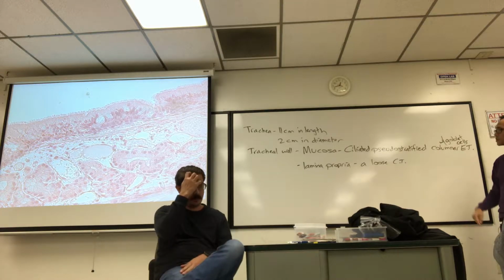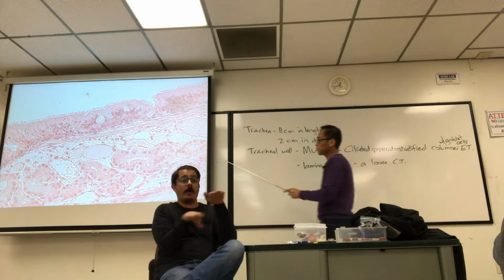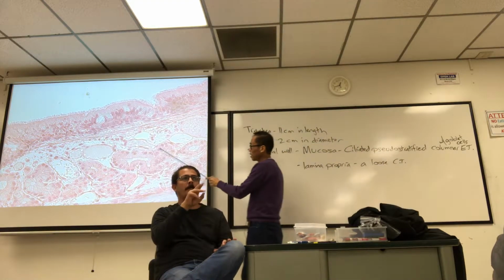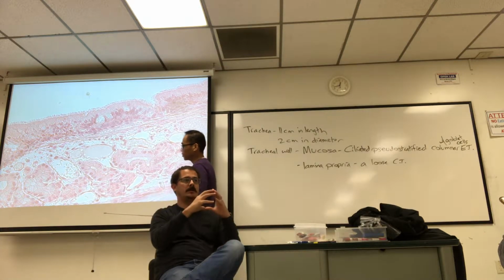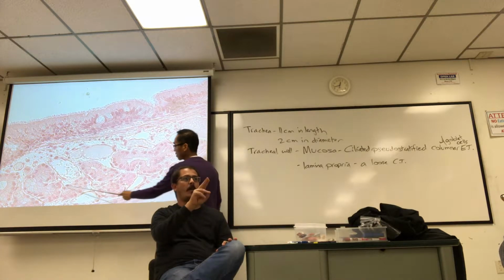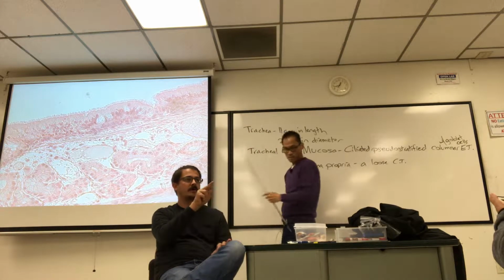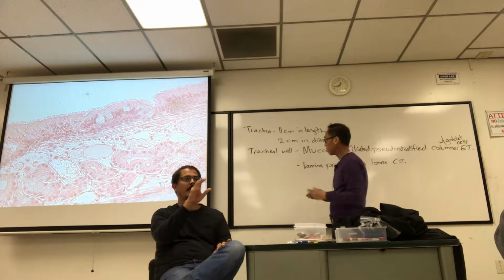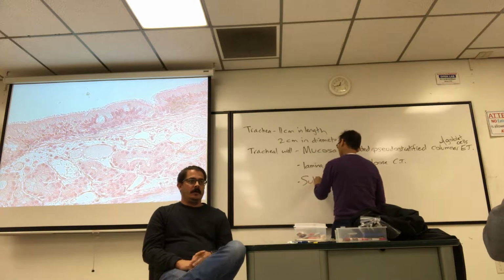So the goblet cells secrete mucus, but also the layer underneath is primarily for mucus secretion. All of these cuboidal cells, those are seromucous glands. This is all submucosa right there.